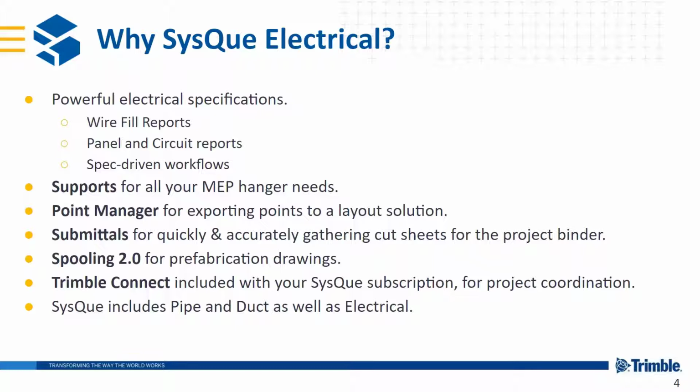We also have expanded our spooling functionality with our spooling 2.0 in the last few releases. And then we also have Trimble Connect that's included with your SysQue subscription for project coordination. So it's not just about SysQue Electrical. SysQue has pipe and duct in it as well. So it's your one-stop shop for being productive inside of Revit. Judy, hand it over to you.